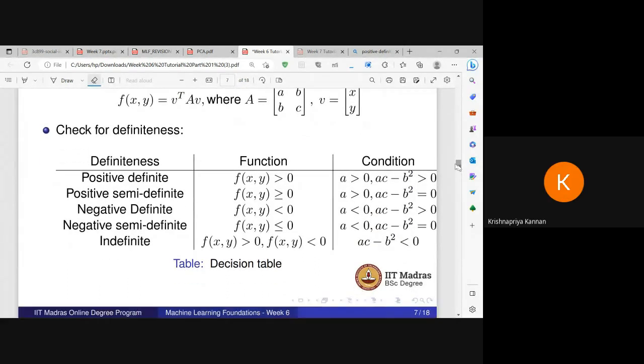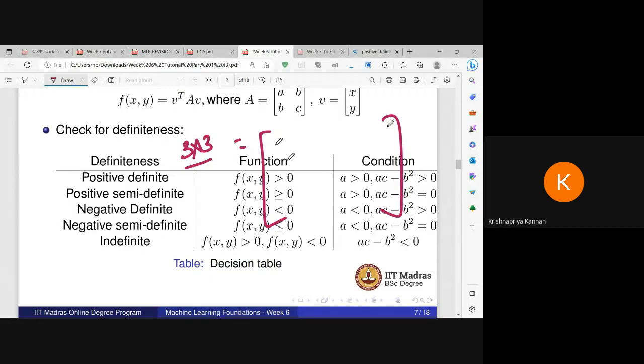I do have a question for 3 cross 3, sir. Just to clarify if my understanding is correct: first, we check that the first row, first element is positive, then the determinant of the 2 cross 2, then the second row, second element, and then the 1 cross 1.